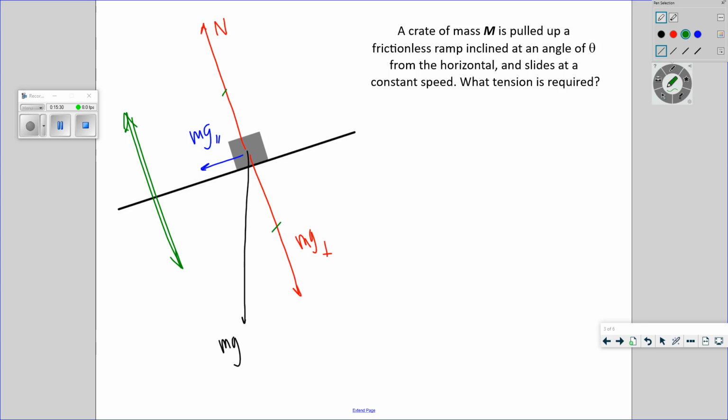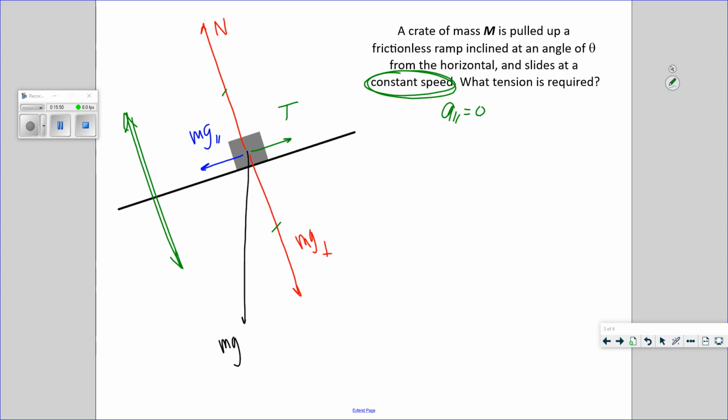And if we're going to have this thing slide up the ramp at a constant speed, that means a parallel is 0, and it means that this force, T, and mg parallel have to be the same size. This object has to be in equilibrium. The net force acting on it has to be 0.